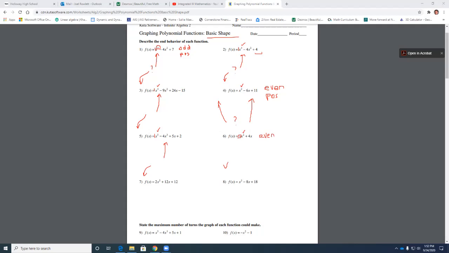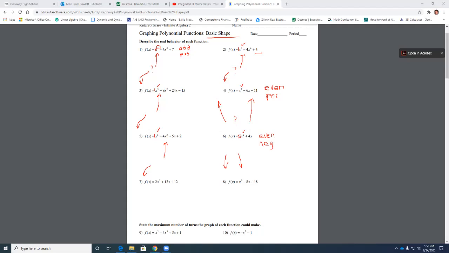So it's going to be down, down, right? Notice the tails are down and down. That's what the end would look like. So this is an even function that happens to also be a negative function. Let me erase that and try to do a better job for you. So even and negative.